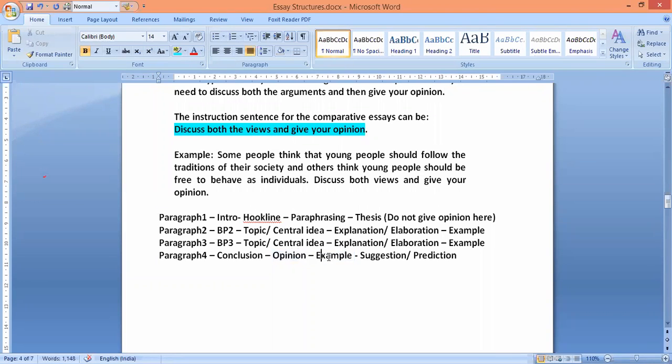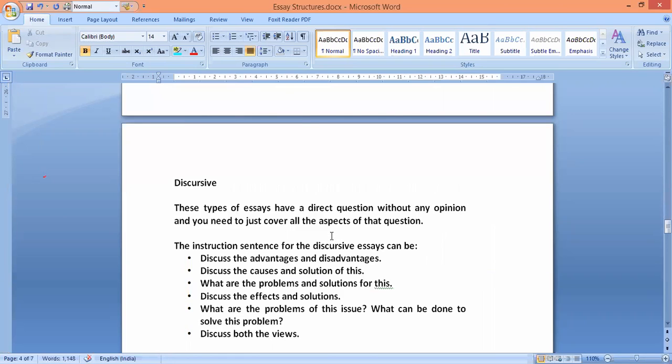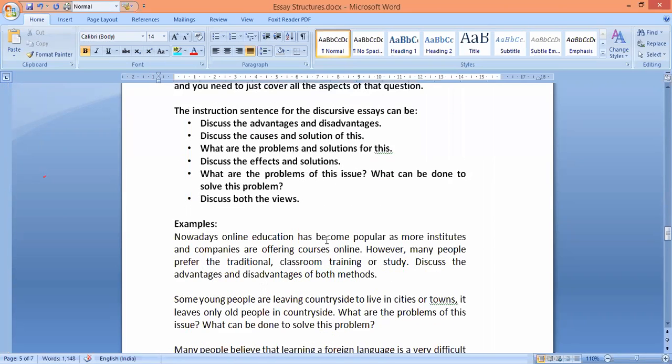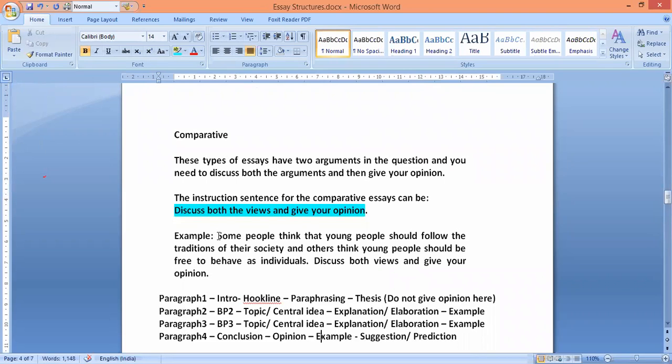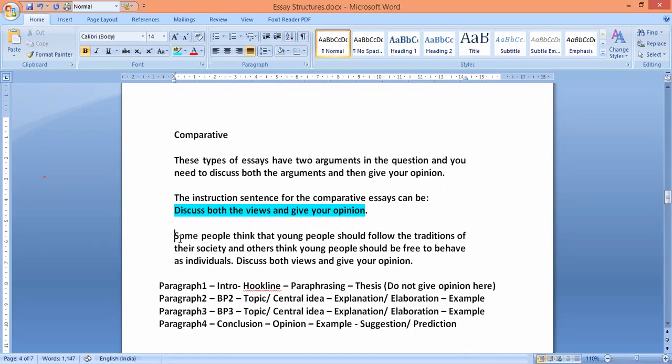You can give your personal example later. Let me take the question. Some people think that young people should follow the traditions of their society, and others think young people should be free to behave as individuals. Discuss both the views and give your opinion.